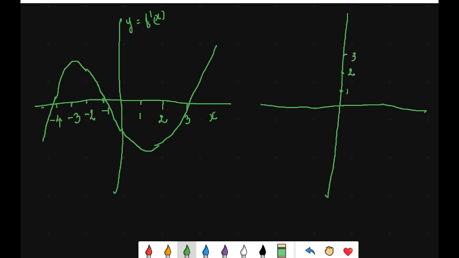So your graph does go through 3. Now of course you're going to mark -1, -2, -3, and -4.